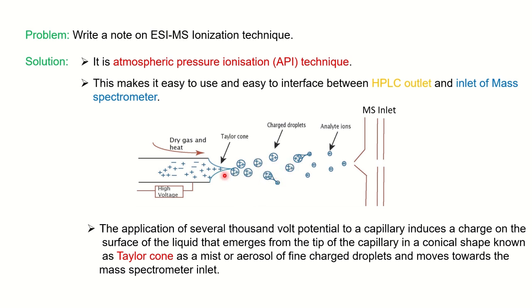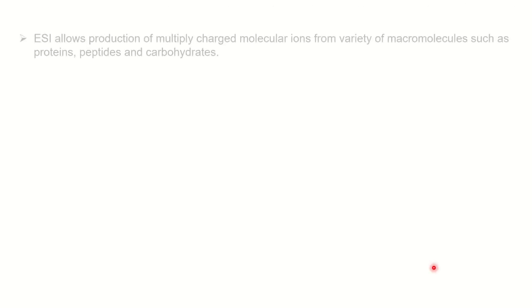As it moves towards the mass inlet, dry gas and heat are applied on the droplets so that the solvent can be evaporated from them, and the single charged particle moves towards the mass inlet. Here the entire thing is written: several volts of potential is applied on this capillary, which induces a charge on the surface and moves towards the mass spectrometer.